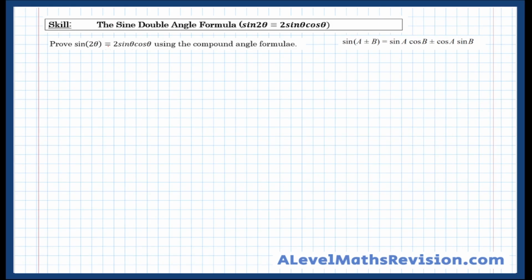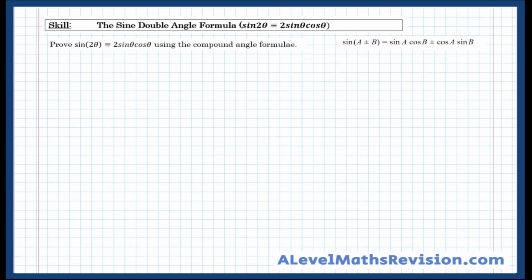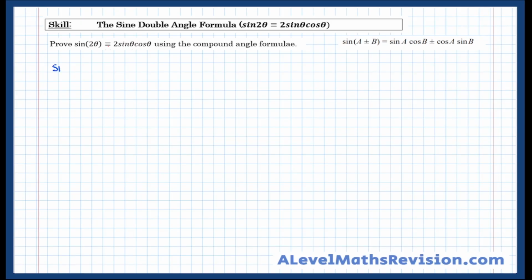Well, the first thing we're going to do is rewrite sine of 2 theta as sine of theta plus theta. And you might see where this is going, because we're about to use the compound angle formula for sine. So you might want to pause now and have a go at finishing that off.